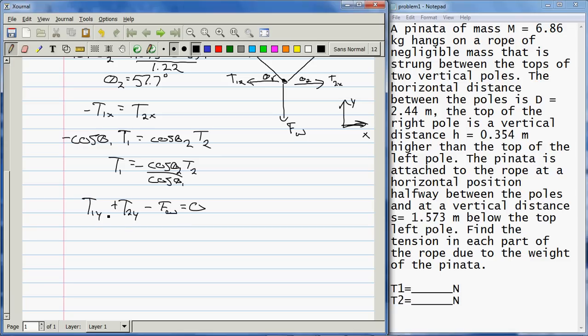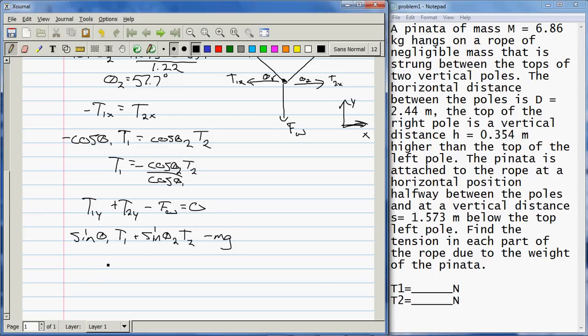So we can break this down into sine theta 1 times T1 plus sine theta 2 T2 minus our mass times gravity constant.